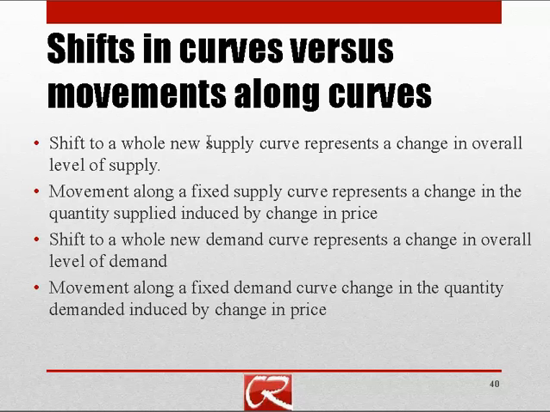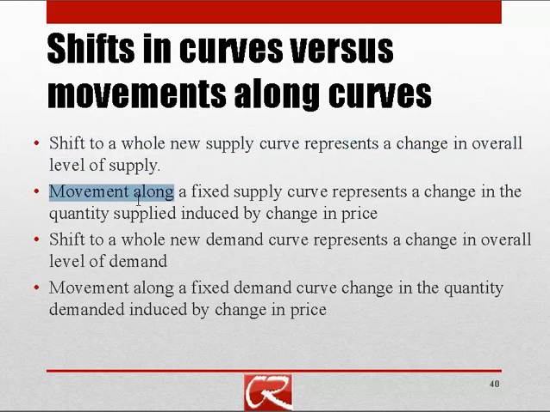When we're doing all this, it's important to remember the distinction between a shift of the whole curve and a movement along a curve. Remember that a shift to a whole new supply curve represents a change in the overall level of supply, a fundamental change in how much suppliers are willing to sell at every price.